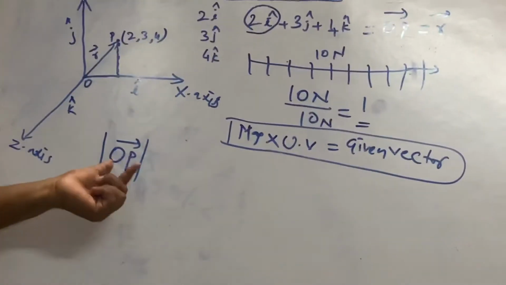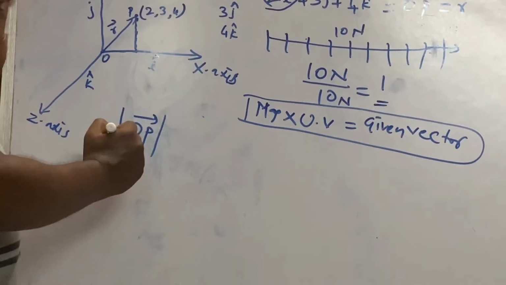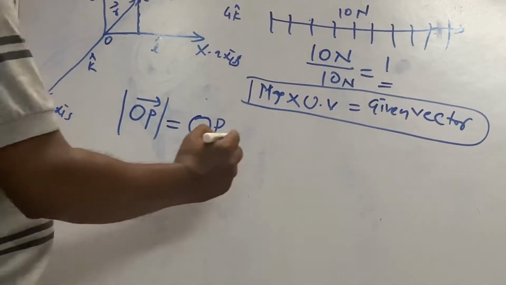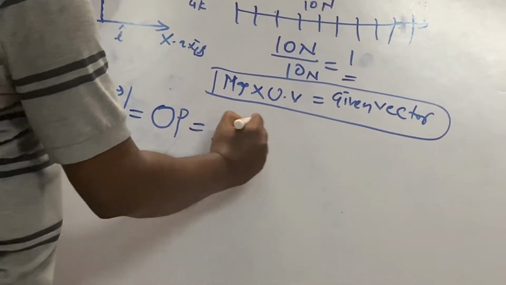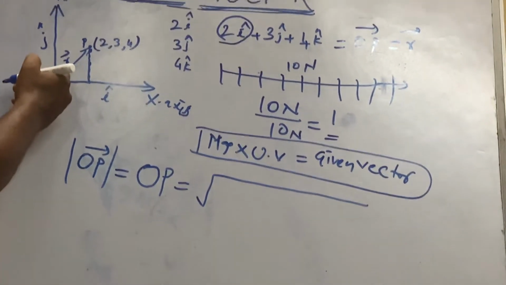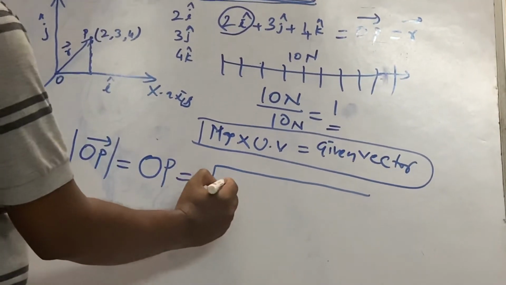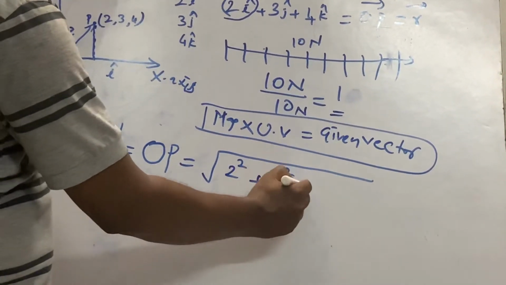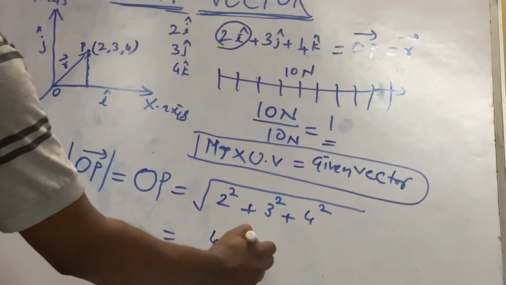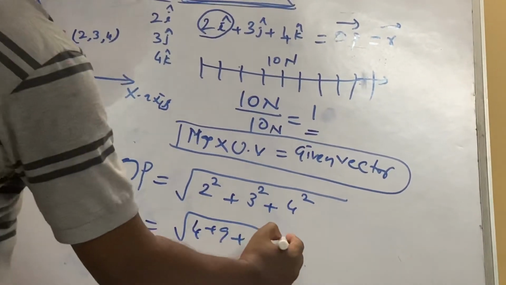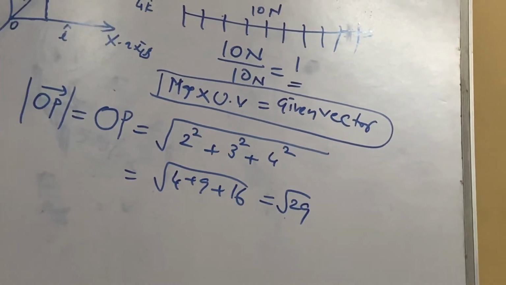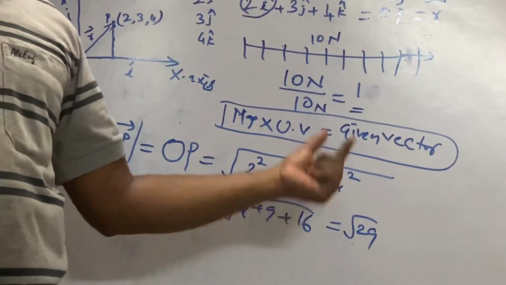The magnitude OP bar modulus, or simply OP, equals the square root of 2 square plus 3 square plus 4 square, which is 4 plus 9 plus 16, equal to 29. So root 29 is the magnitude of the given vector.